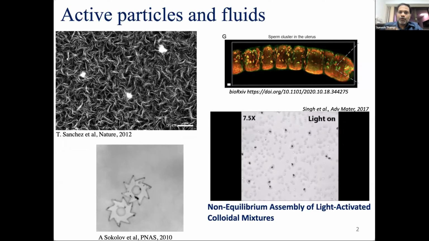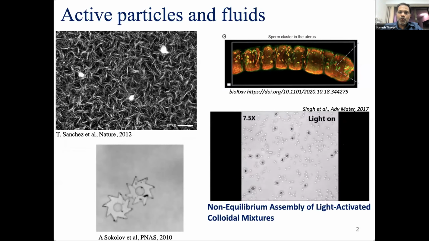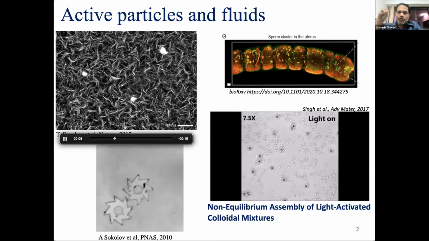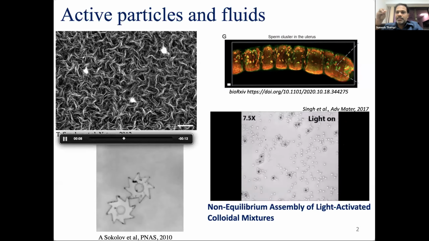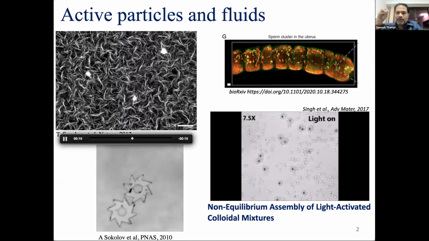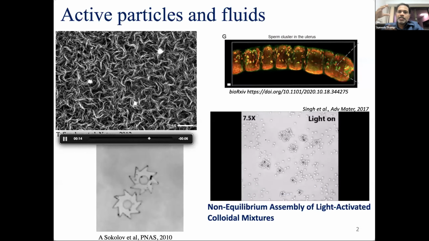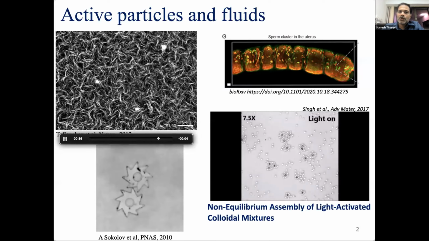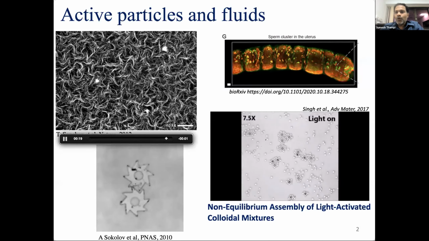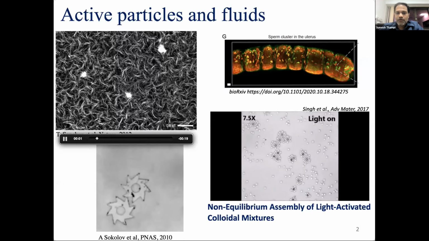Unlike such fluids, here the fluid is moving because each of the constituents is itself a living entity, meaning that it can move by itself. Such a particle is called an active particle, and a suspension of such active particles is called an active fluid. So why is one interested in looking at such a fluid?